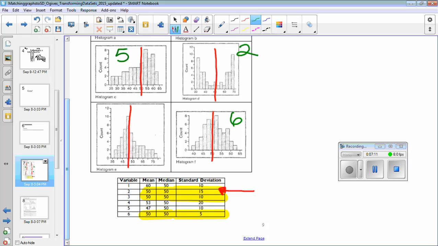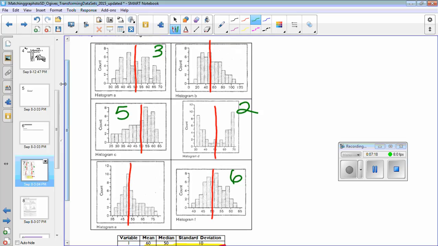You with me so far? So I want you to make one last determination between variables, I believe it's 1 and 4, correct? And decide which one would you give 1 and which one would you give 4. They're pretty close. They're both skewed right. The mean is going to be bigger in both of them, and they are in 1 and 4.